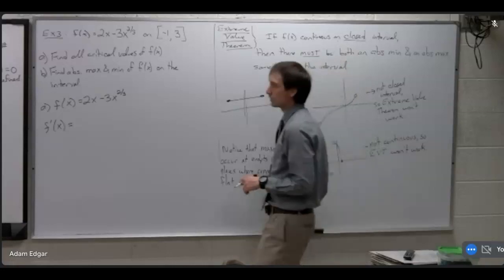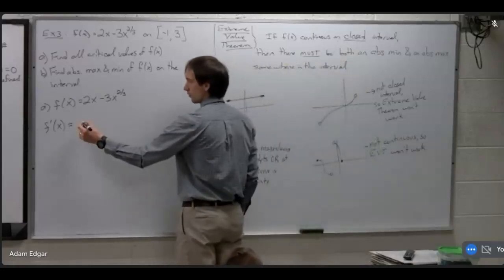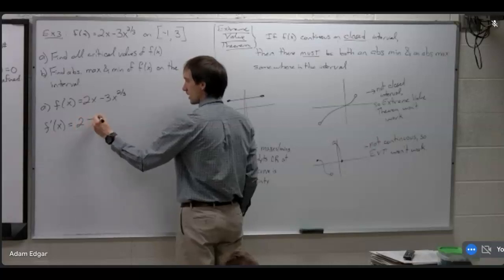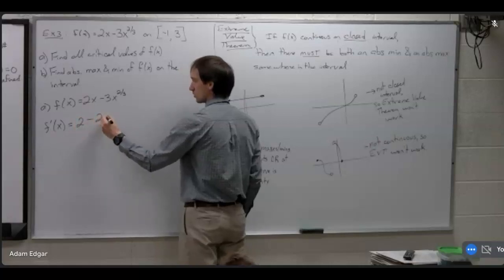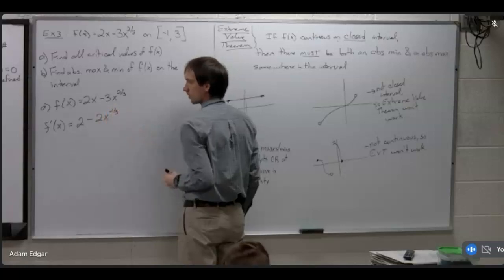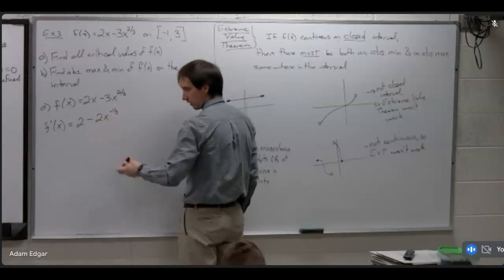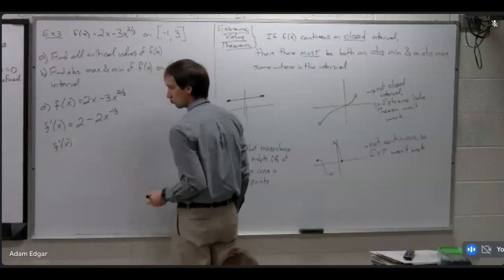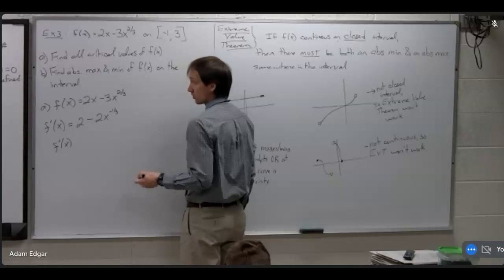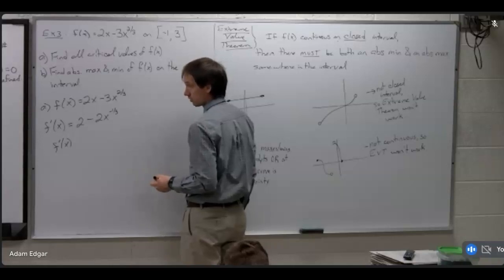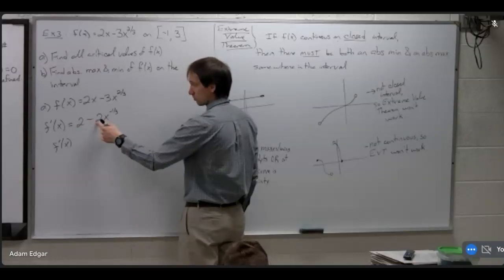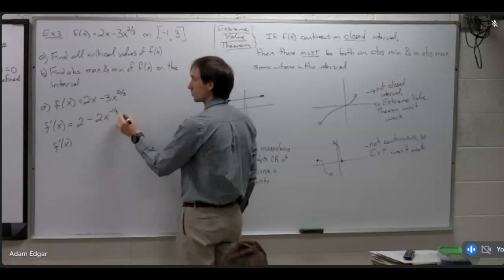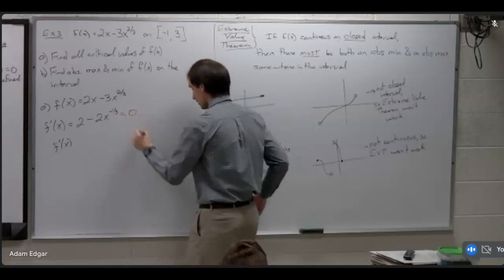And what's the derivative? 2 minus 2. Very nice. Can you clean this up and make it look a little nicer? Factor out 2. Suppose we could do that. What else could we do? Subtract the 2's. Okay, so you could set it equal to 0. Yeah, so let's just do that. So set it equal to 0.